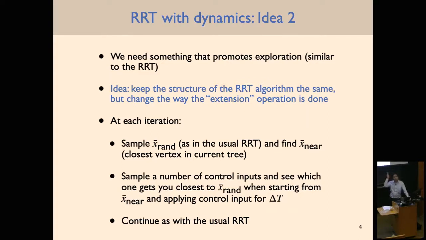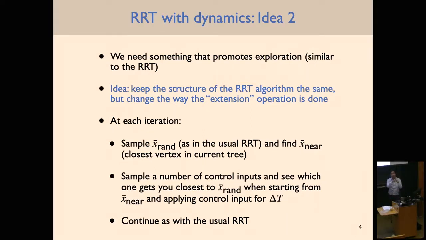Ideally, we want to go in the direction of x_rand exactly. Maybe we're not going to be able to do exactly that. So a proxy for moving towards x_rand exactly is to sample, let's say, 100 control inputs, or some fixed number, and see which one gets you closest to x_rand, let's say in terms of Euclidean distance.